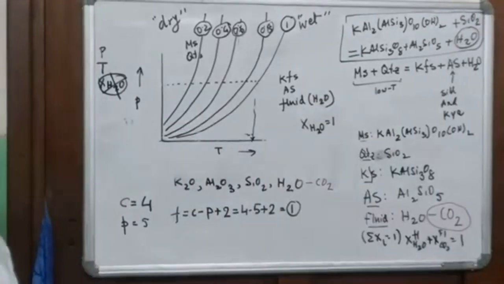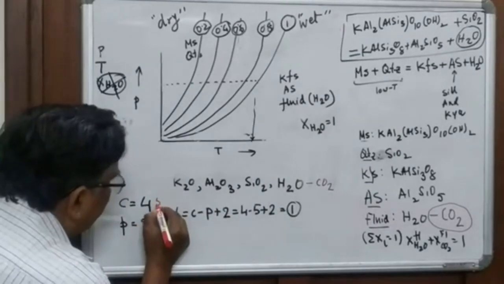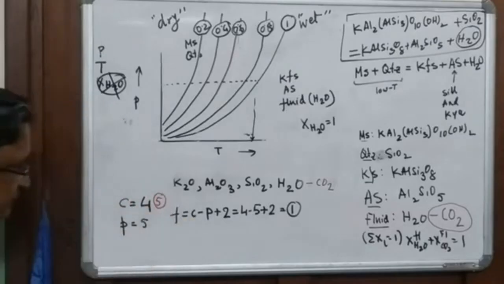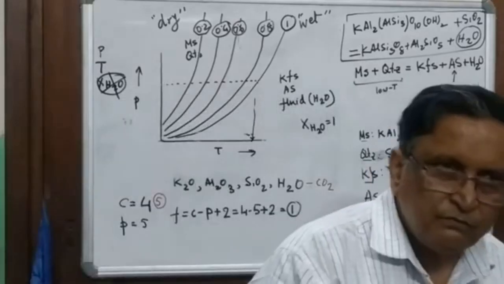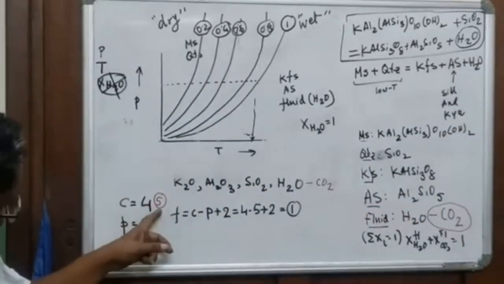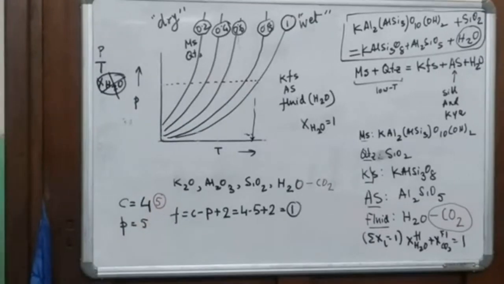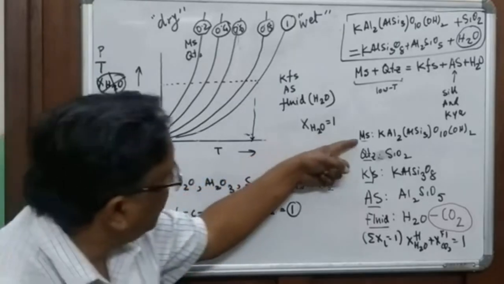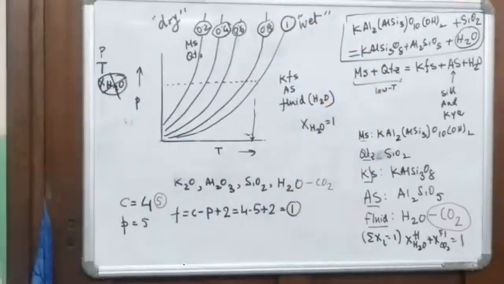So now what you have done is, you have increased this one to 5. But P is the same: 1, 2, 3, 4, 5.